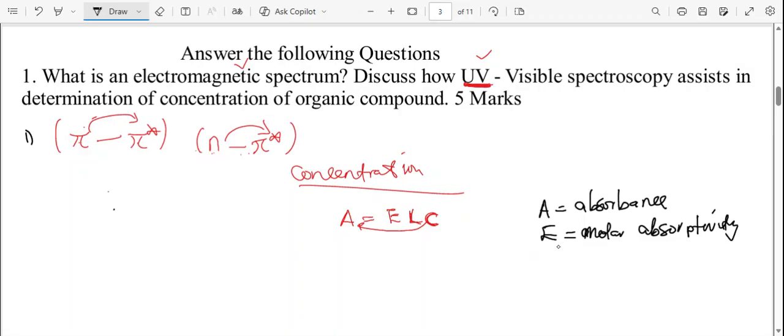Then we have the concentration, in moles per decimeter cubed. Then we have the path length, or just the length of the cuvette. It can be the diameter or the length upward. So we say this is the path length.